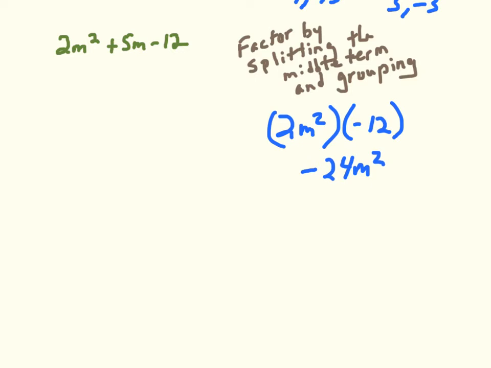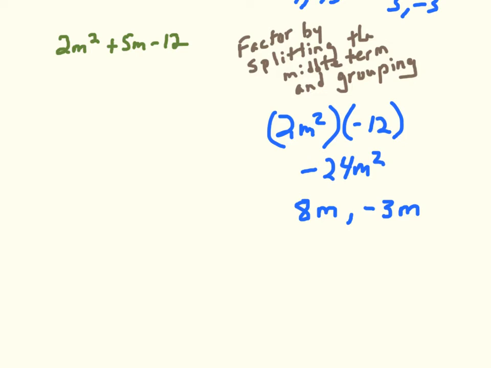If I think about that, that would be 8m and -3m. Those multiply together to get -24m squared, and they sum together to get +5m.